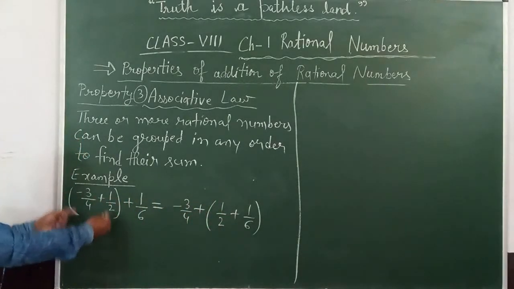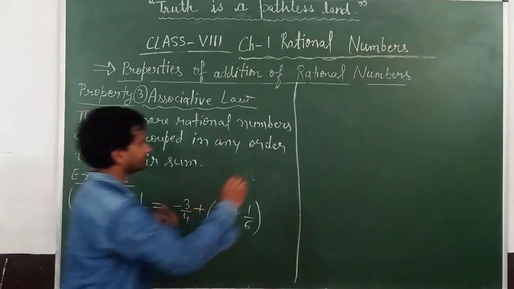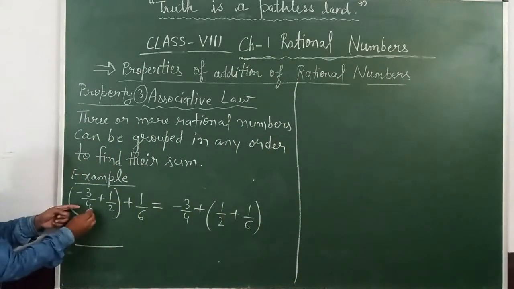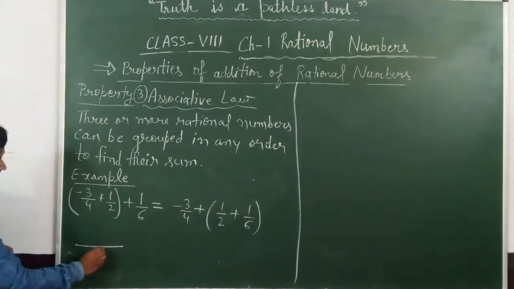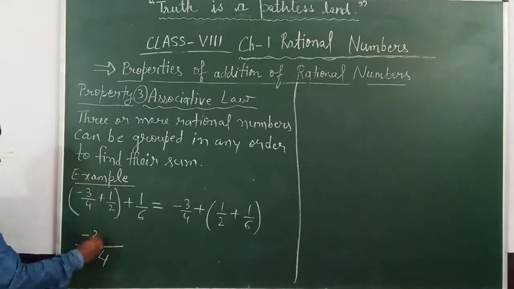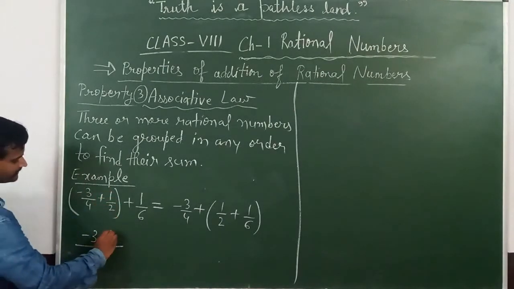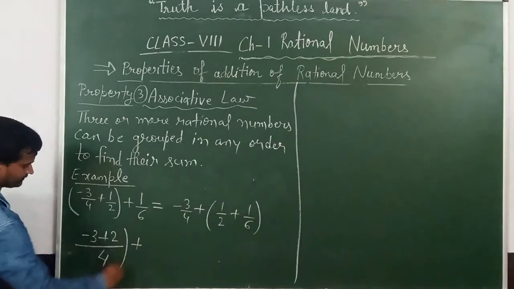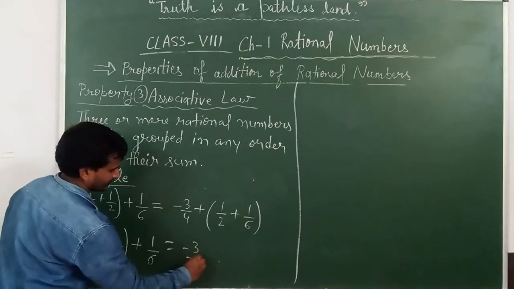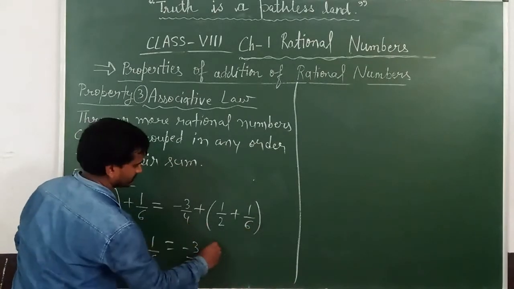Here first of all we will solve the bracket. LCM of 4 and 2 is 4. On solving, minus 3 plus 4 divided by 2, 2 multiplied by 1. Similarly, here we will solve the bracket first.